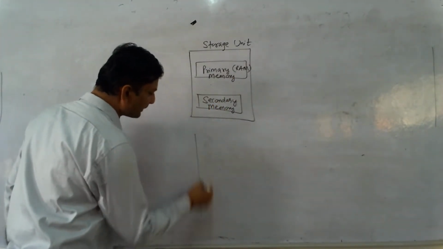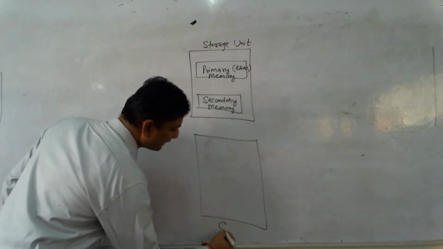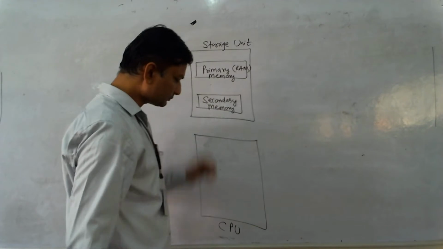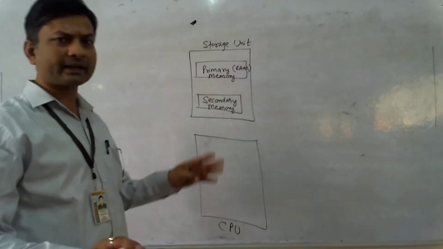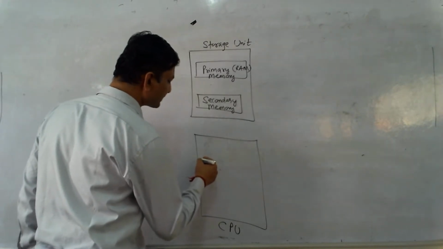And this is another part of the computer called the central processing unit. We know that it has three parts.